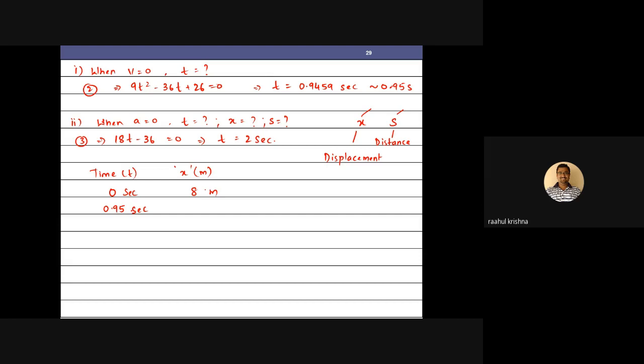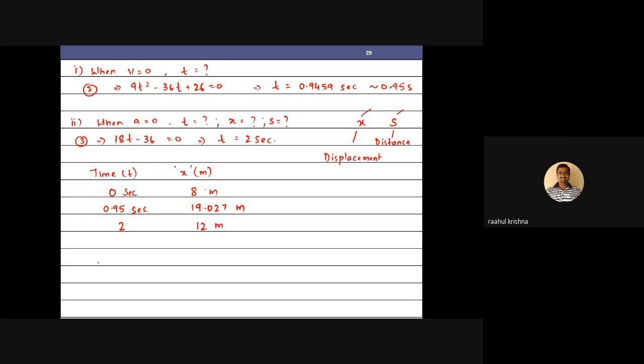So for t equal to 0.95 seconds, I'm getting my displacement as 19.027 meters. Next, at t equal to 2 seconds, I'm getting my displacement x as 12 meters.